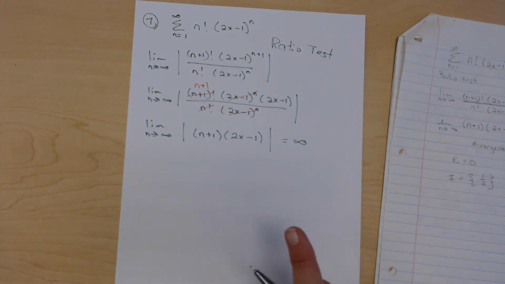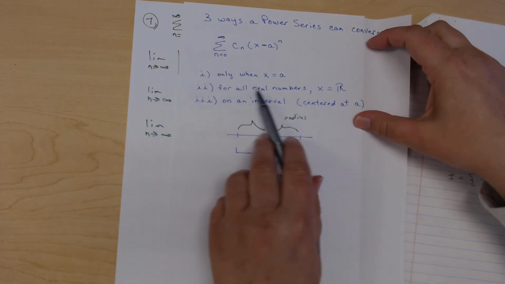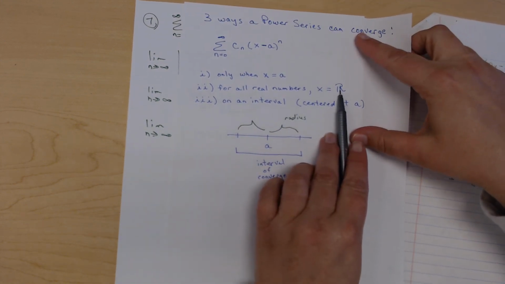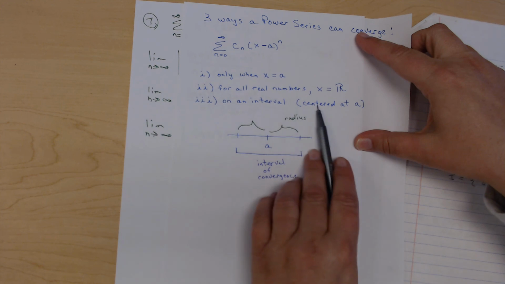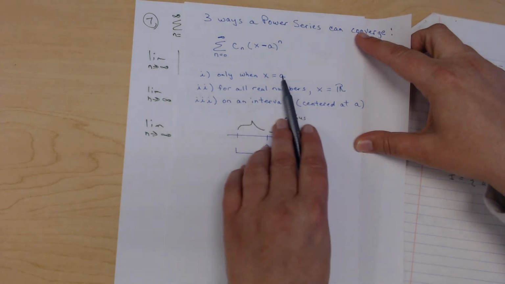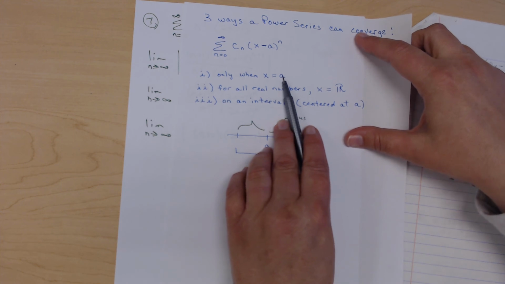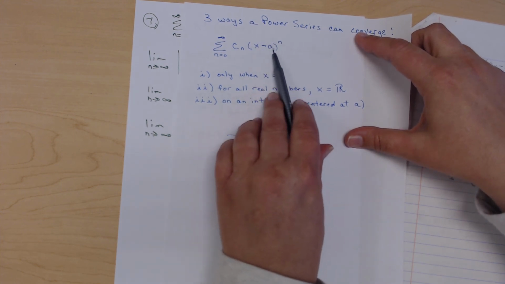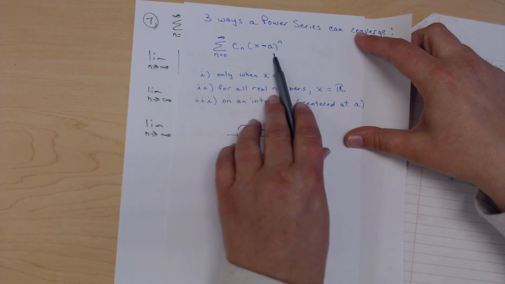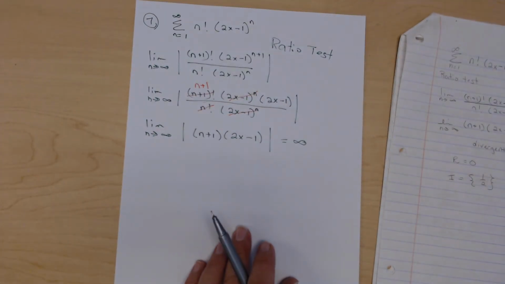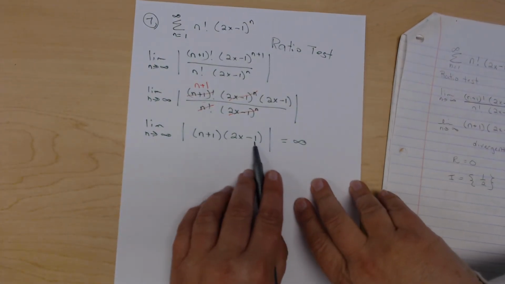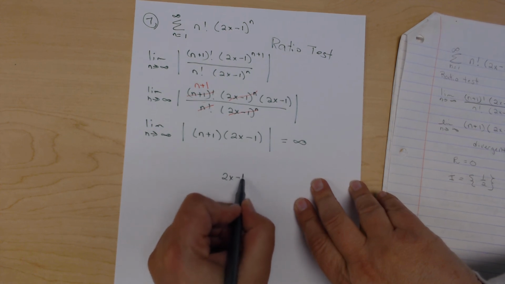But, we saw one where it was all reals. Most of the time we're seeing it on an interval, but it can also happen when x equals a. Or another way to say that is when this equals 0. So in this case, we would take this 2x minus 1.